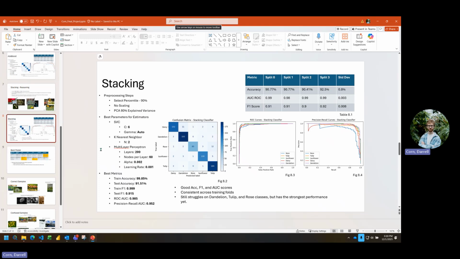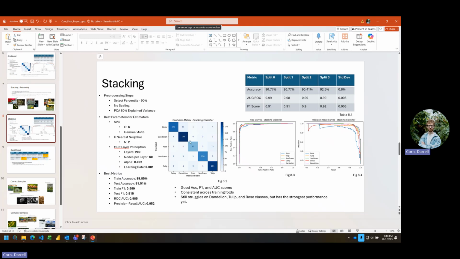So we have the best accuracy that we've come across. We have the best F1 and pretty good area under the curve scores. Also, from table 8.1 up in the corner, it's pretty consistent across all the training folds, which KNN was not. It still kind of struggles on those dandelion, tulip, and rose classes.